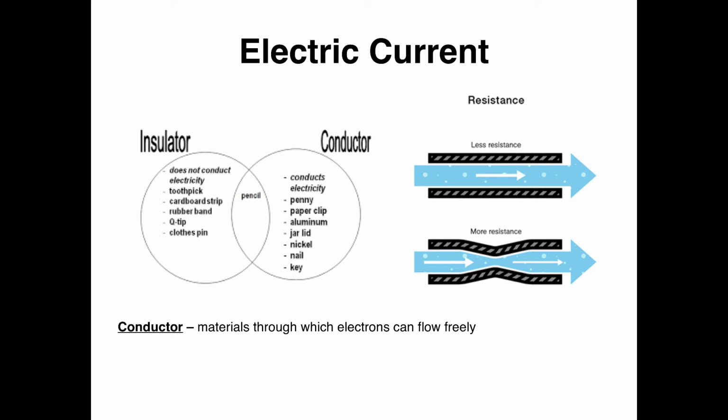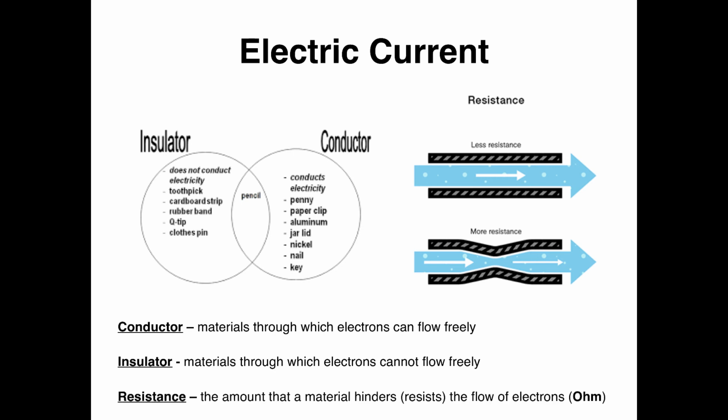So a conductor is a material through which electrons can freely flow. An insulator is a material in which electrons cannot necessarily flow. And resistance is the amount that a material hinders or resists the flow of electrons. So here's a third unit.